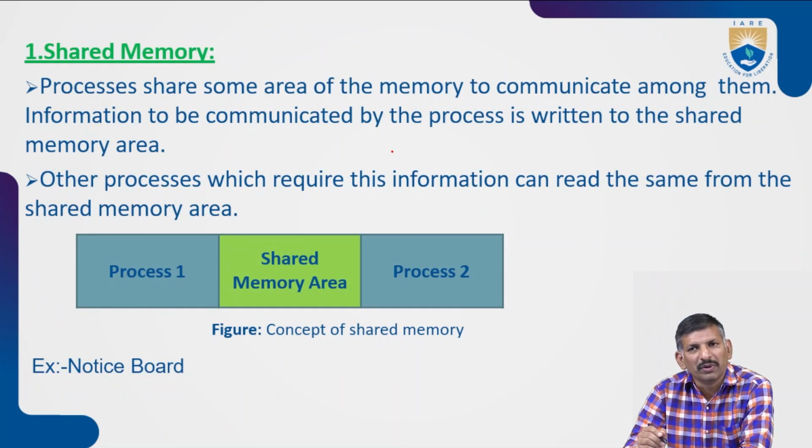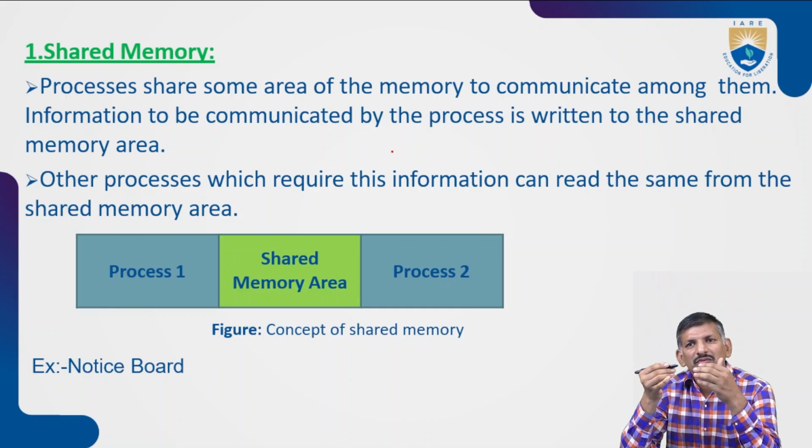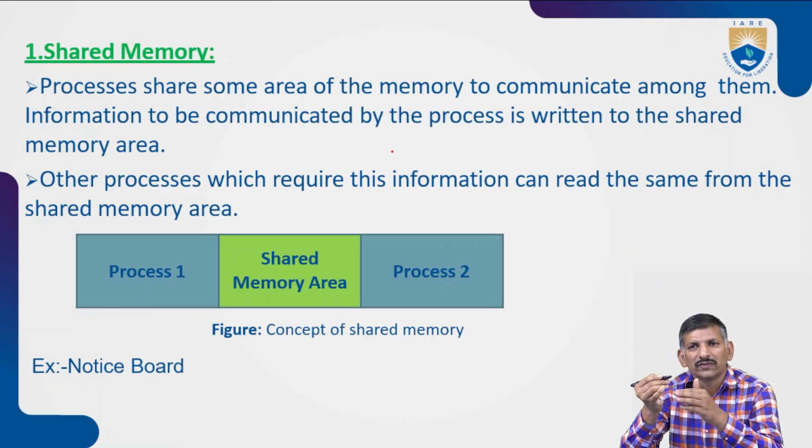First one is shared memory. Here we place one common memory for sharing information among various processes. The process which wants to share information writes the data into the common memory, whatever memory space we have arranged for sharing the data.